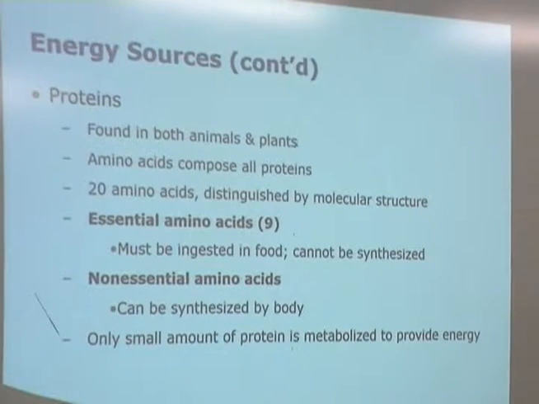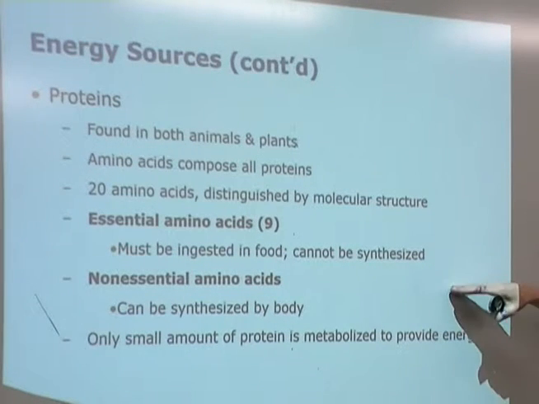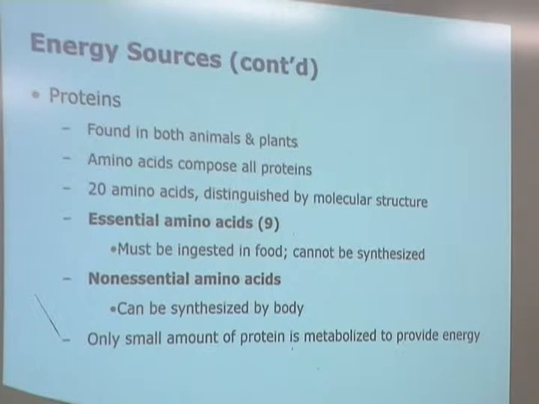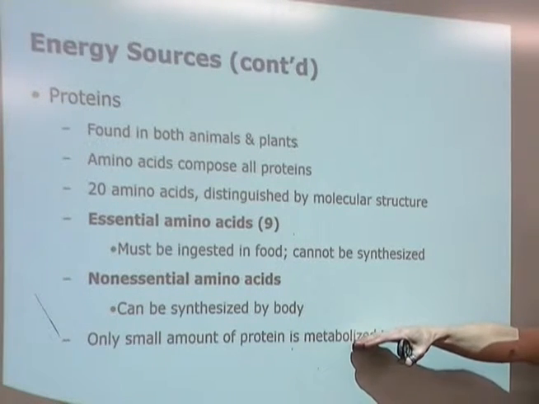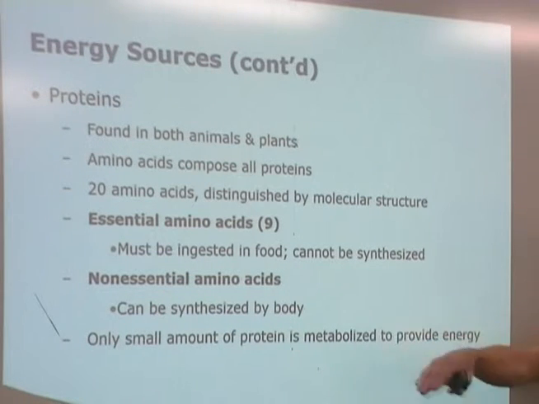There's no way for the human body to synthesize an essential amino acid. That means I have to eat it in my diet. The other group are non-essential, and they're non-essential because given the right tools, we can make them for ourselves. So I don't necessarily have to make sure that I'm eating them, because I could make it if I need it. Right?